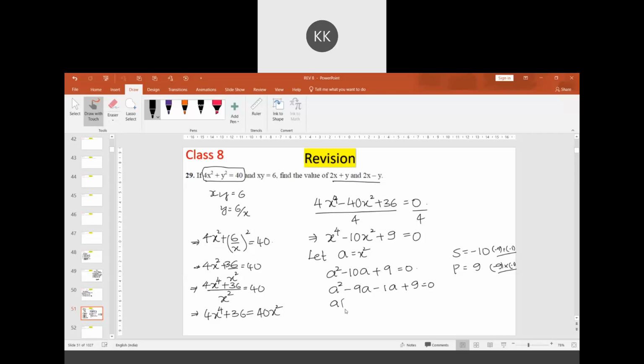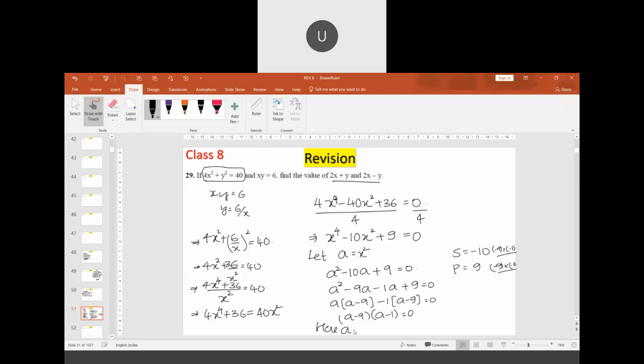If a is taken common here, we get a minus 9. Minus 1 is taken common, we get a minus 9 equal to 0. So we get a minus 9 common into a minus 1 equal to 0. Here the product is 0.